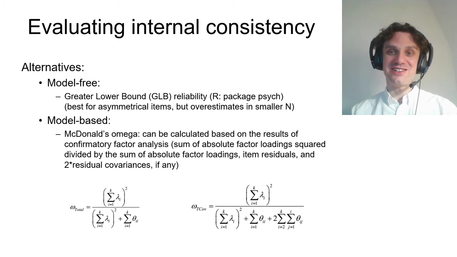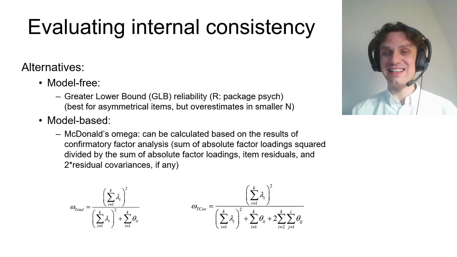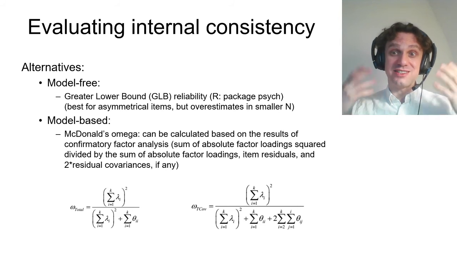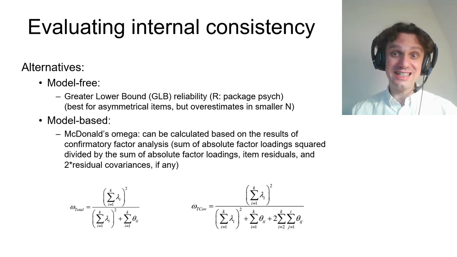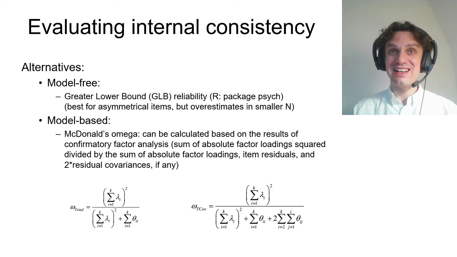And another reliability coefficient, which is model-based, it's based on assumption about the structure of relationships, is called McDonald's omega. And it can be calculated based on the results of a confirmatory factor analysis. The formula is fairly simple. You just take your standardized factor loadings, you sum them up, you square them here in the numerator, and in the denominator you add the same thing and the sum of item residuals, also standardized.